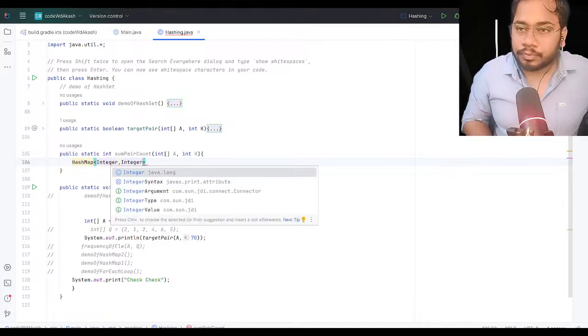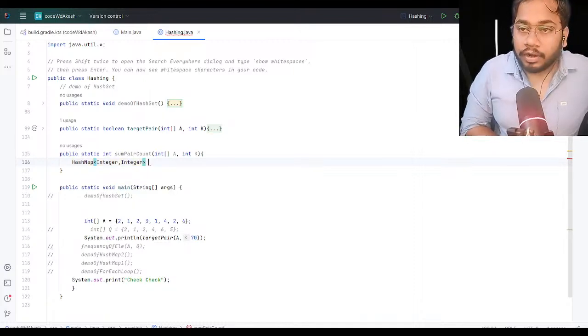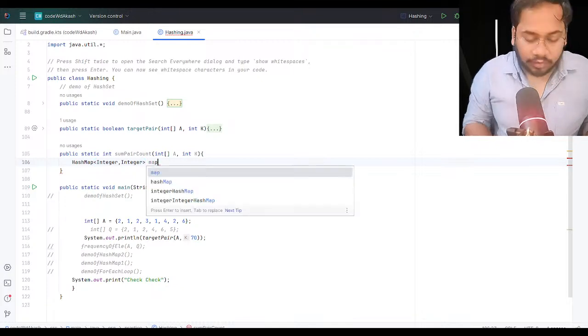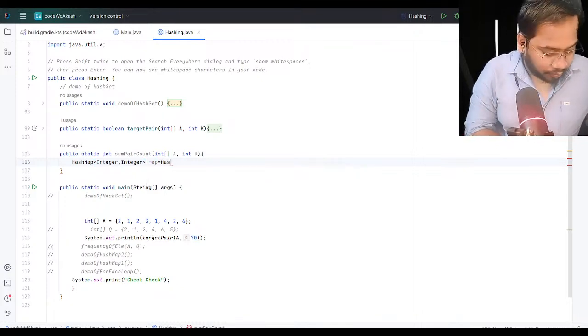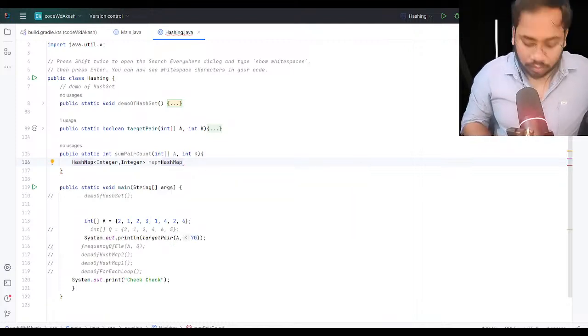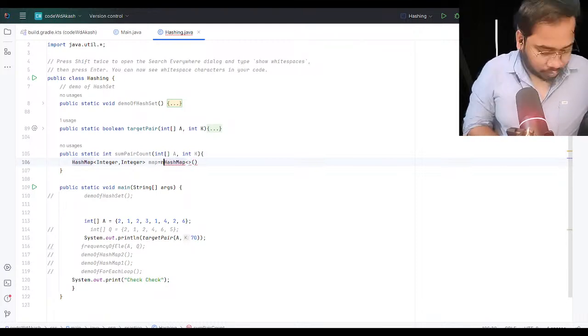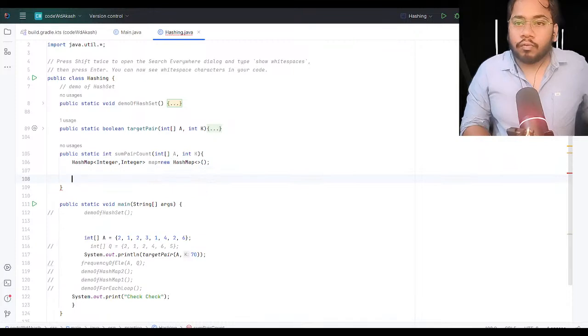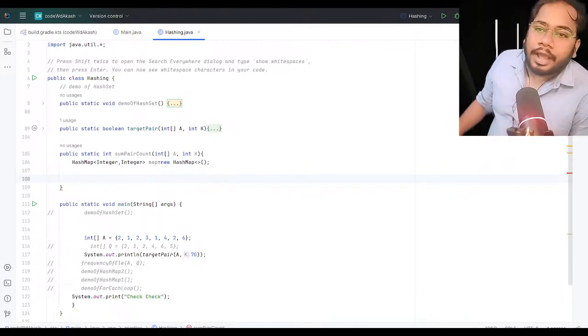So we are putting it like this, and let's name this as map is equal to... So what we have done, we have created a hash map named map.